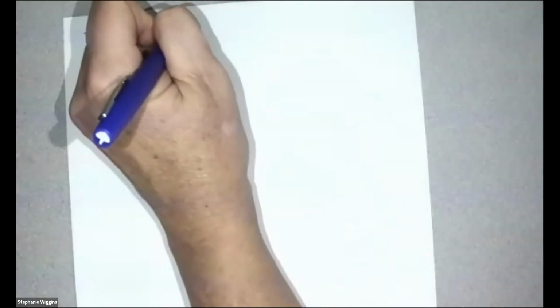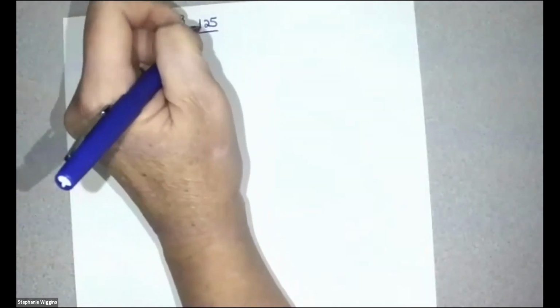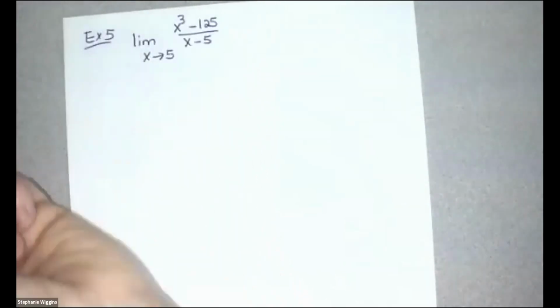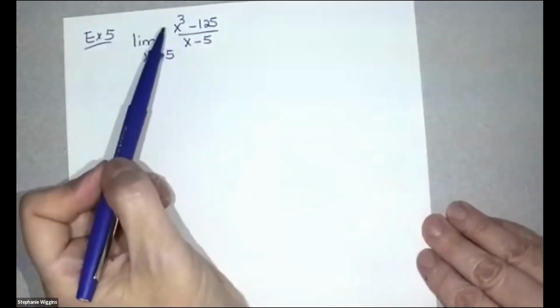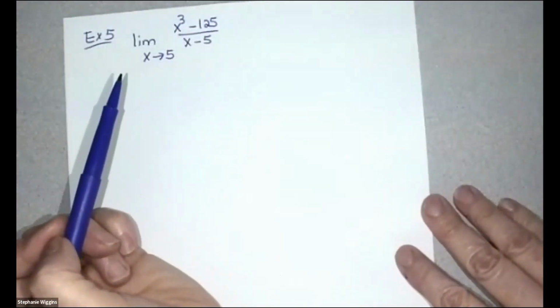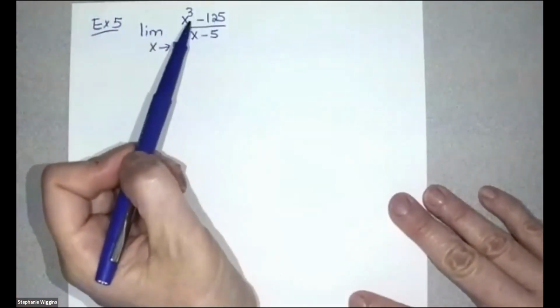Let's suppose we want to calculate the limit now as x approaches 5 of x cubed minus 125 over x minus 5. So it's very similar to the problem I just did. However, this time we have the difference of cubes.